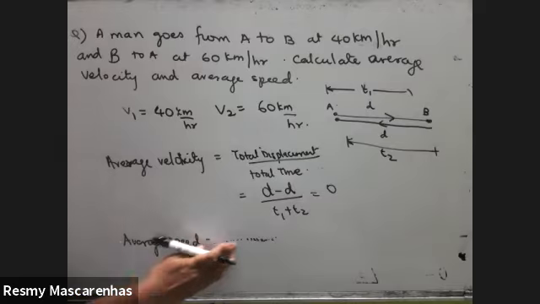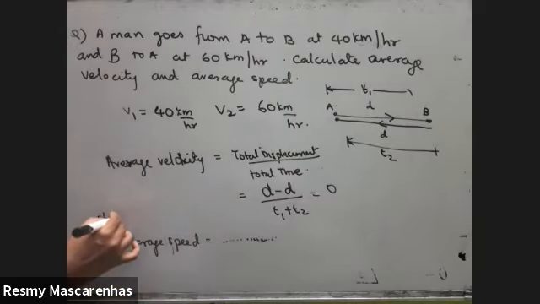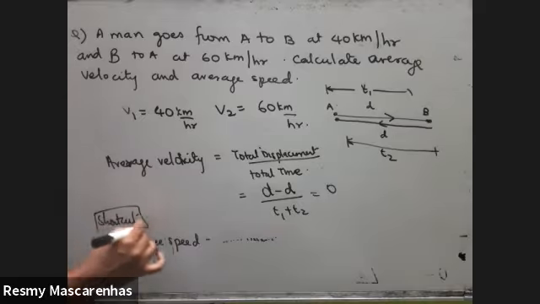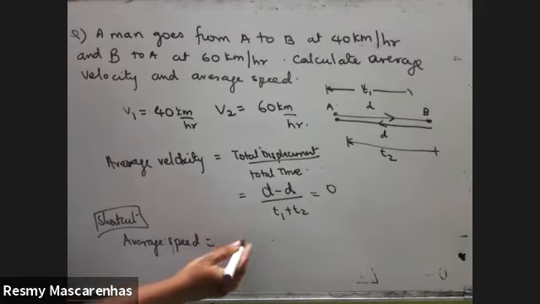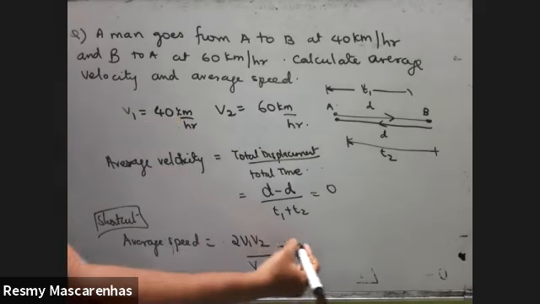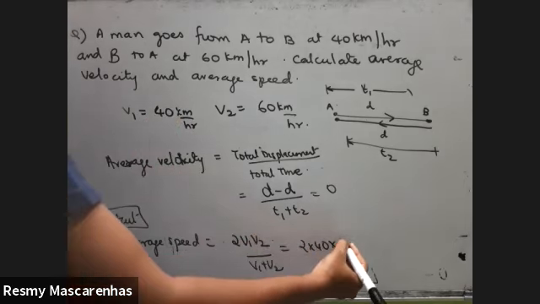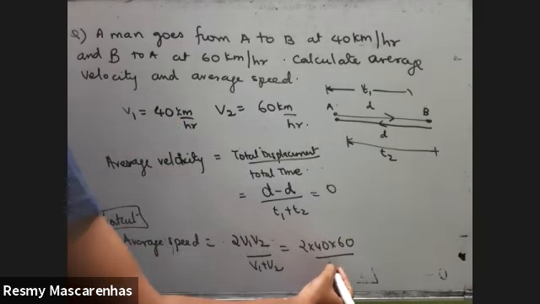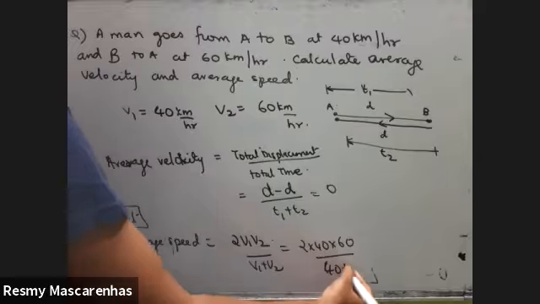okay, 2 ways are there. This is a shortcut way. That's for MCQ you can use, I told you. So which we just now learned. So directly substitute 2 into 40 into 60, upon 40 plus 60.